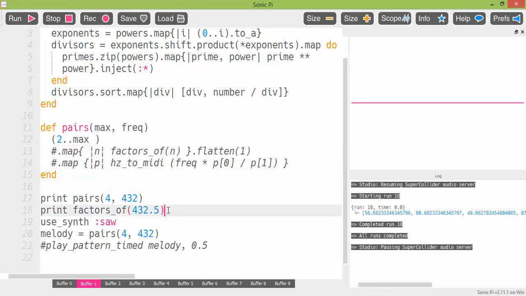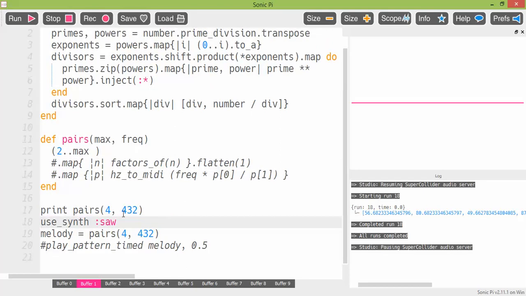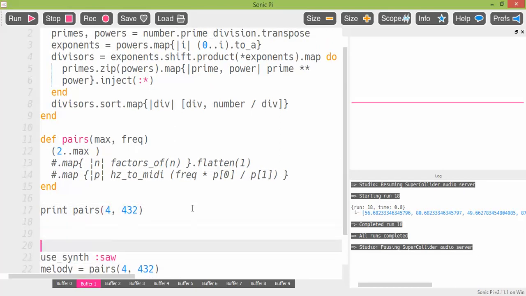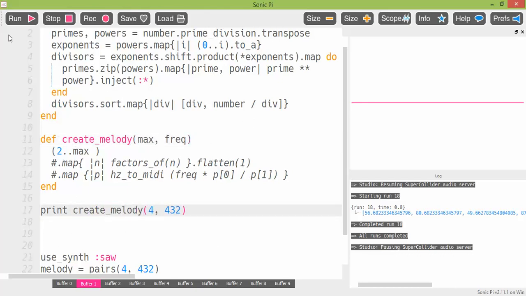So let's ignore this. I'm going to print the melody that comes from this. And honestly, this is a weirdly named function, calling it pairs. Very weird. I'm going to call it create melody. Create melody. Okay? I can dig it.